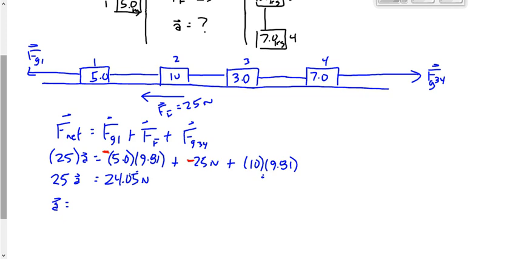What is that, like 0.9 something? Should be 0.96 meters per second squared. It's a positive value, which means it accelerates to the right, which we expected, right? Because the force to the right is bigger than the force to the left.